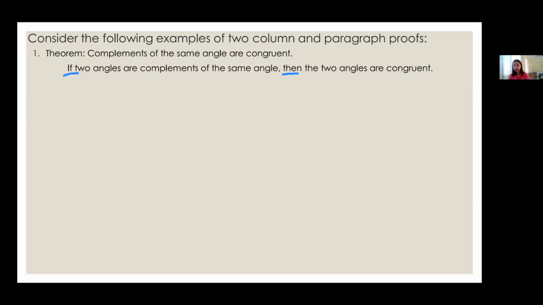So let's have here the two-column proof. For the two-column proof, syempre, meron tayong mga dapat i-consider. So, magdodrawing tayo para mas ma-visualize natin siya.